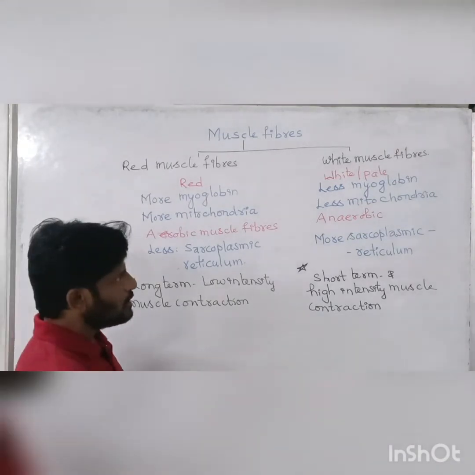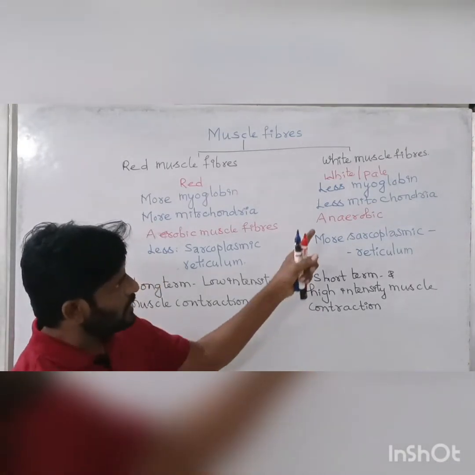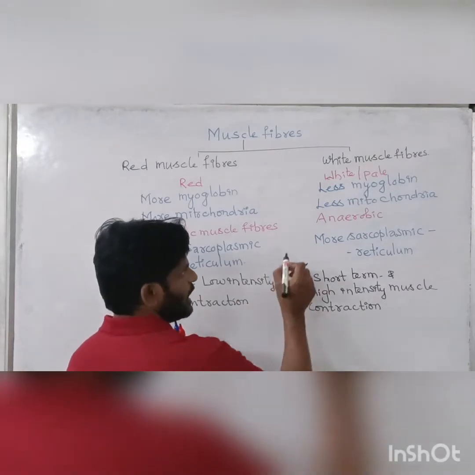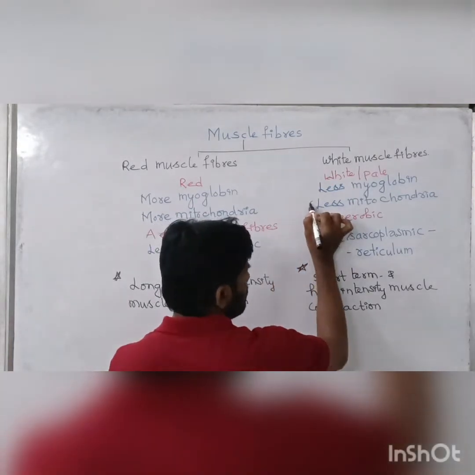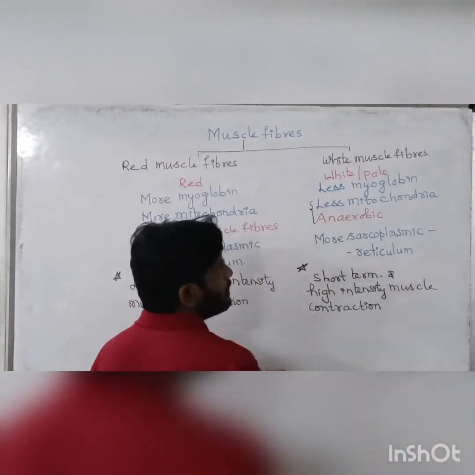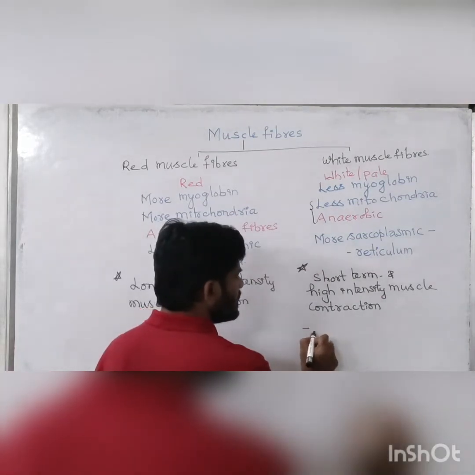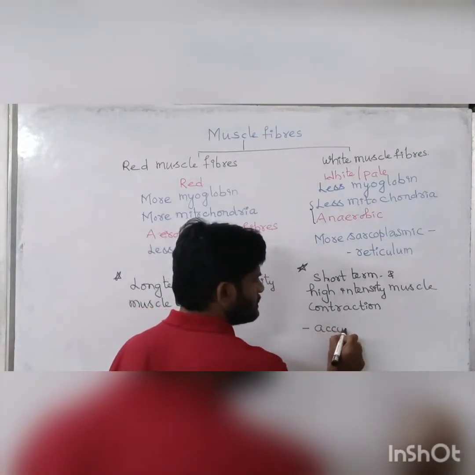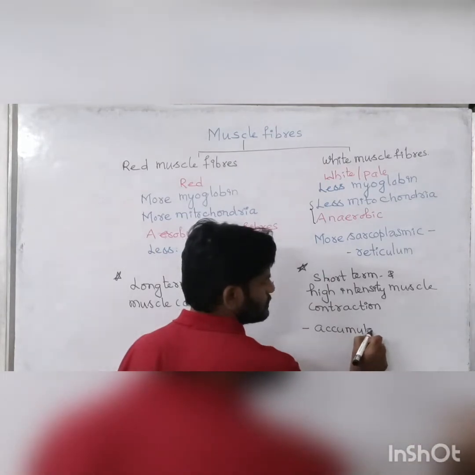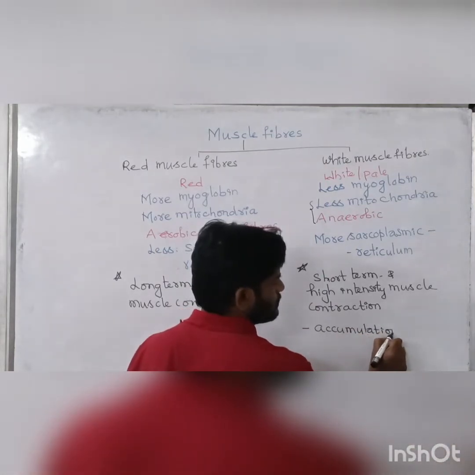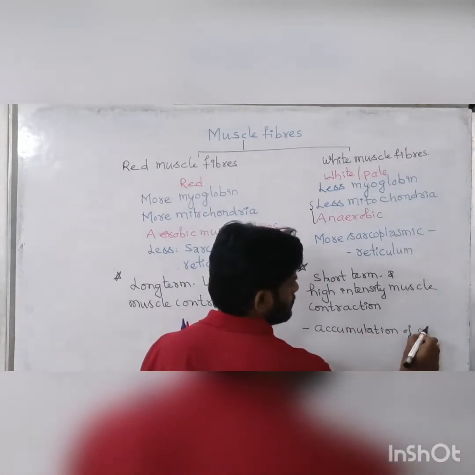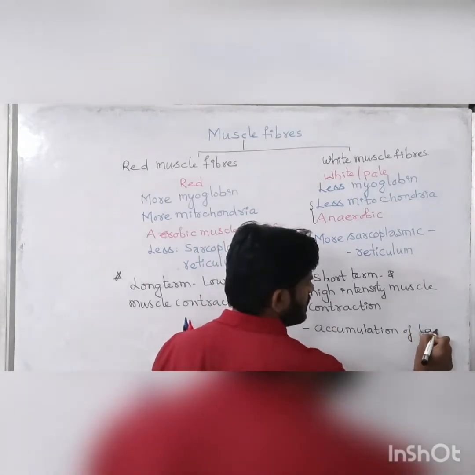So if you see, white muscle fibers have less mitochondria, so they are anaerobic. When they are anaerobic, there is an accumulation of lactic acid.